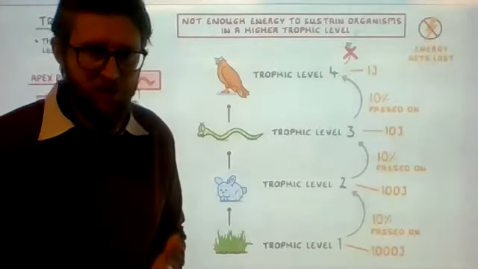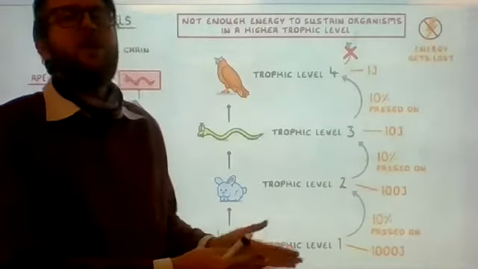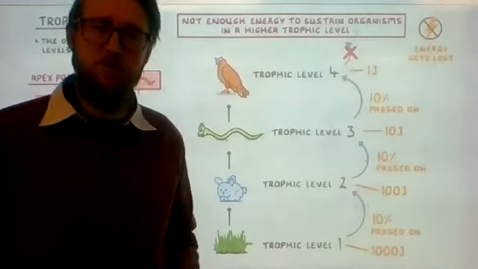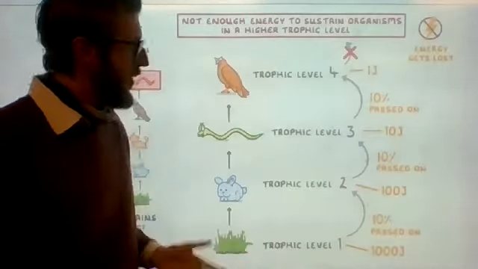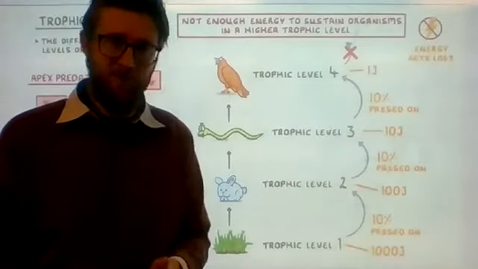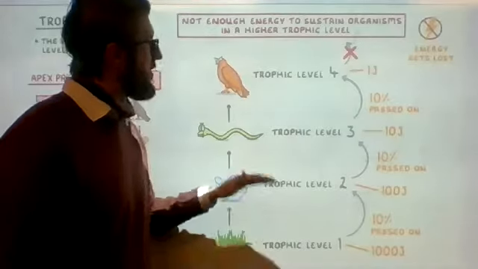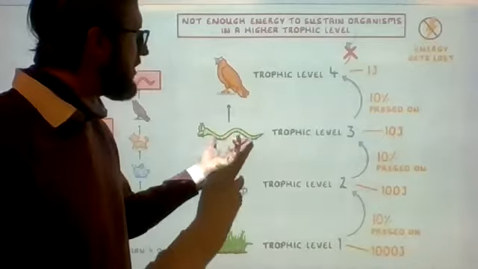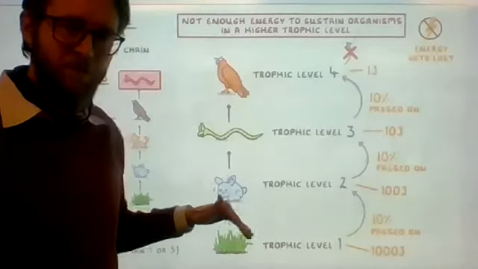Everything runs on energy, and you can't have more stuff than you have energy to make that stuff. It's impossible. So you have to work with the amount of energy that you have available in that level. Okay? That's why every time you go up a level, there's fewer and fewer animals in that level.